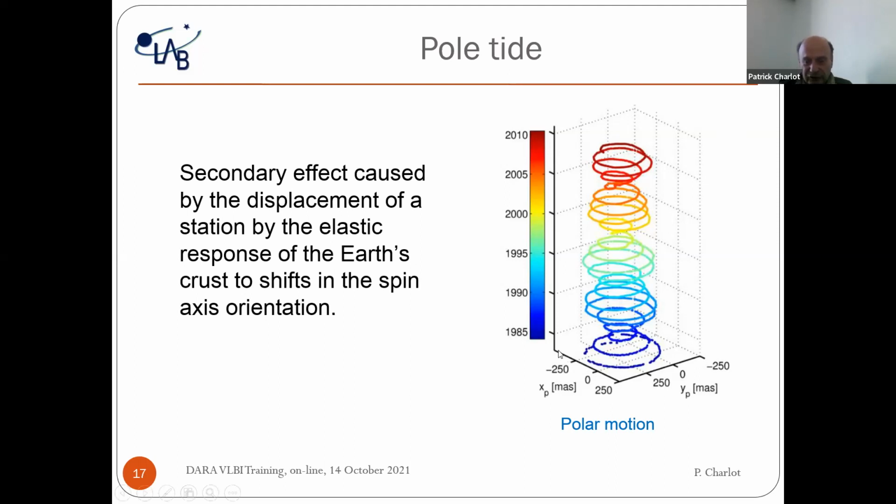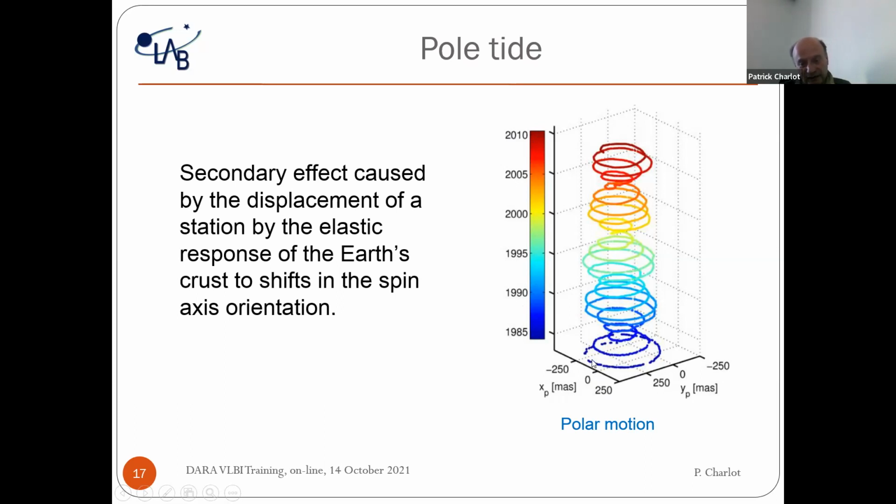This is the projection of the axis on the North Pole. Basically, at 0, 0, you have the North Pole, and this shows over some 30 years the displacement of the axis of rotation with respect to the Earth's crust plotted on the North Pole.